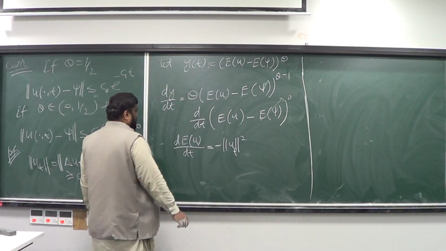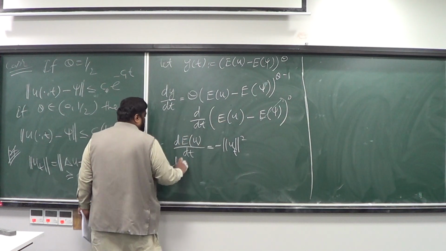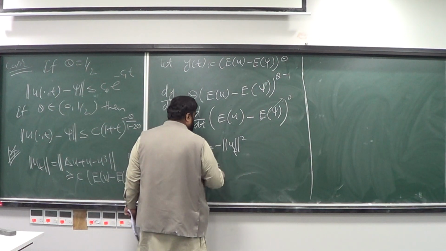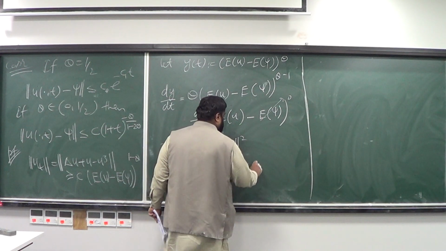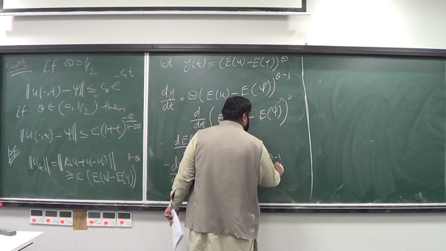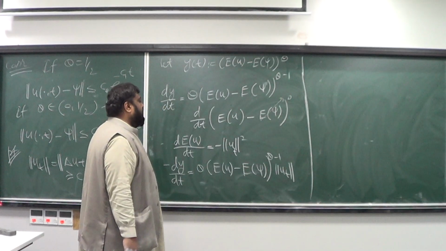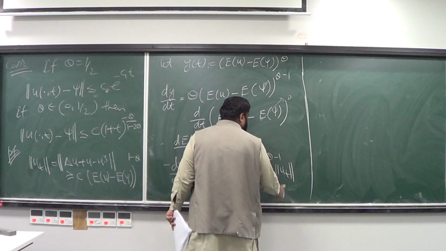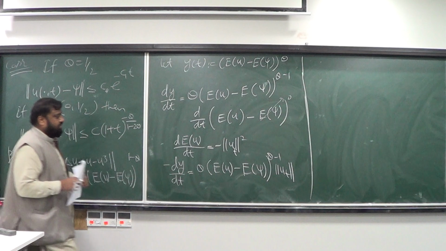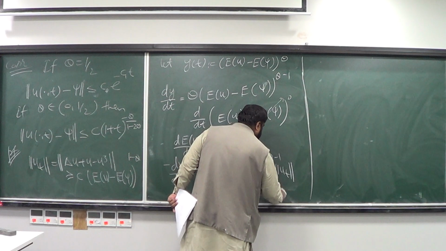If I substitute this value and write the minus on the other side, dy by dt will become theta times E of u minus E of psi to the power theta minus 1, times the norm of u_t squared. But let me write the norm of u_t squared in this manner: one u_t, and in the place of the other u_t, let me put this norm, delta u plus u minus u cube.